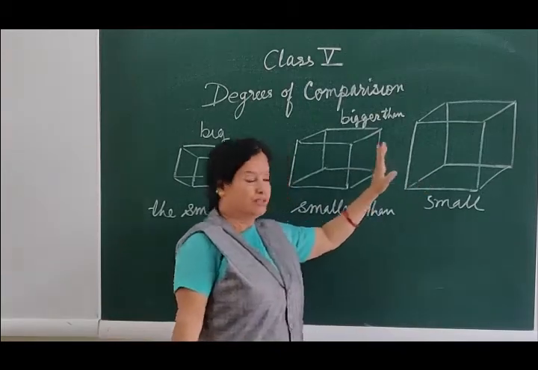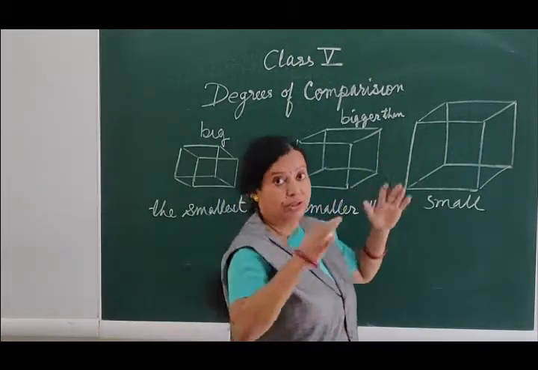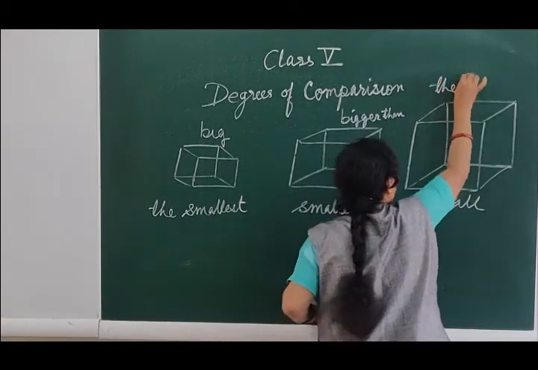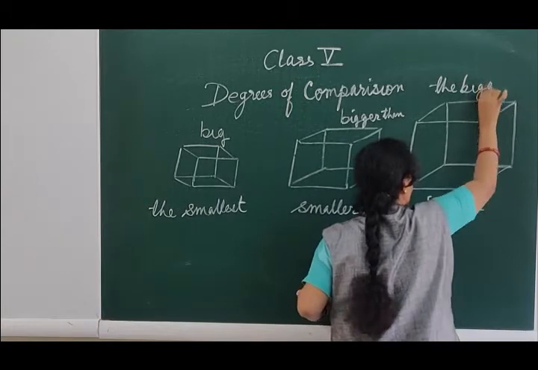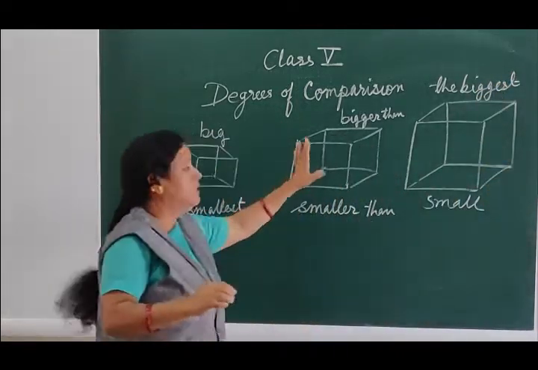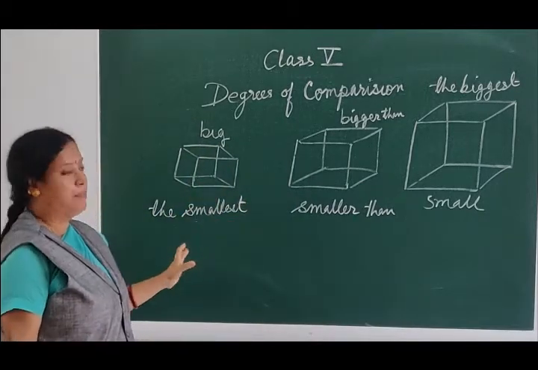And this one, as you can see the pictures, this is big, this is bigger than, and this is the biggest. So this is what? Compare. How to compare?